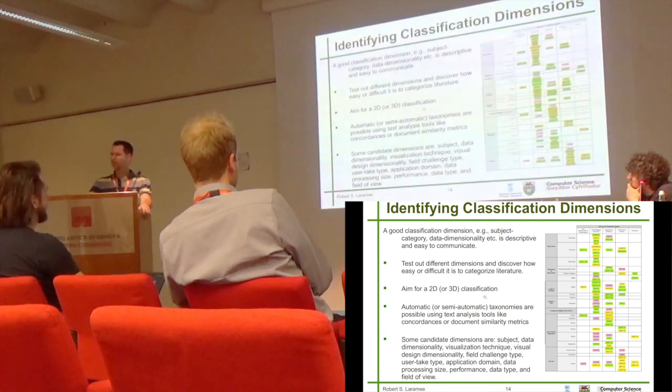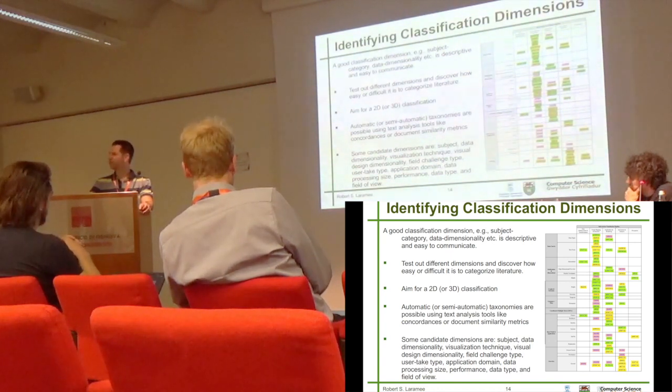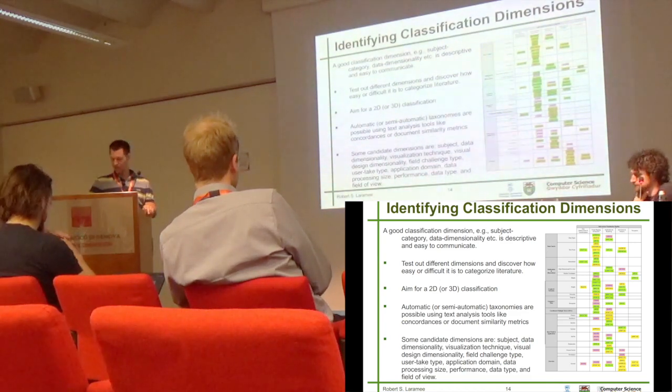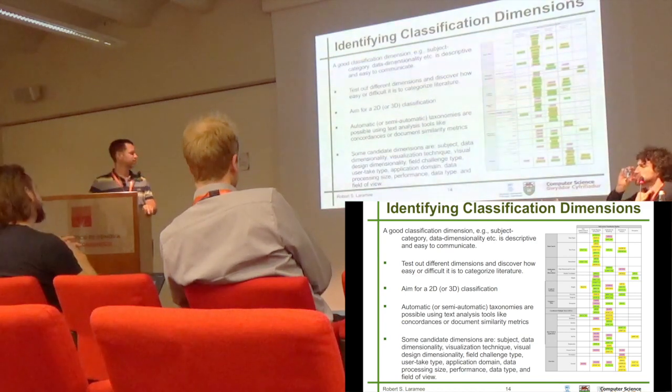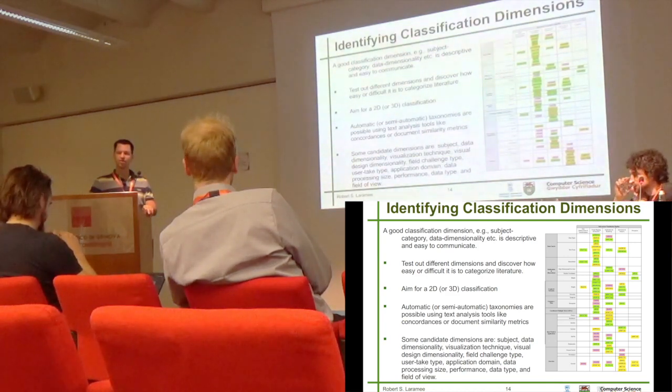And you can use tools to help you with this. It doesn't have to be done by hand. You can use tools like concordances or document similarity metrics to actually objectively group papers together. And just to jumpstart your literature classification, there are some suggestions here, some very common dimensions, like data dimensionality, visualization technique, visual design dimensionality, field challenge type, like a few slides ago I mentioned the major field challenges.